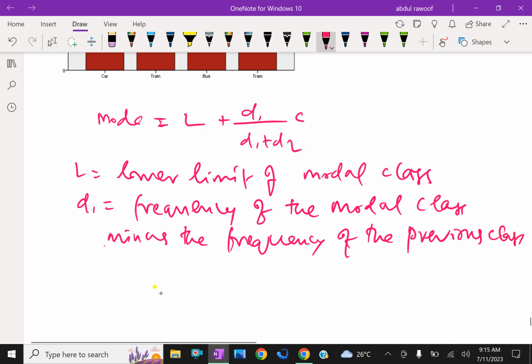And D2 is the frequency of the modal class minus the frequency of the following class.